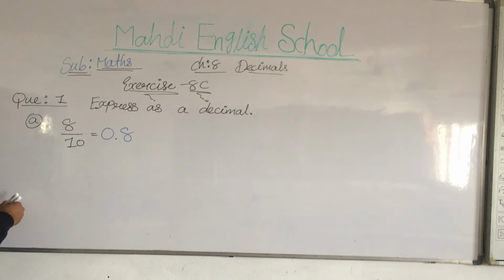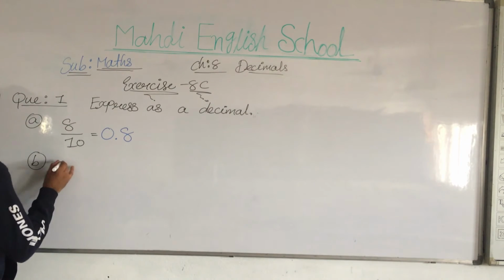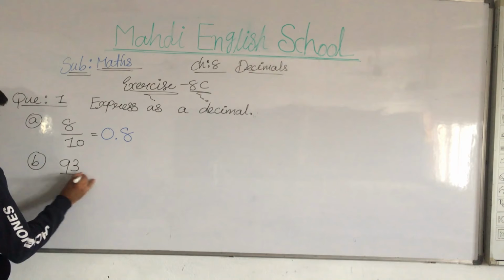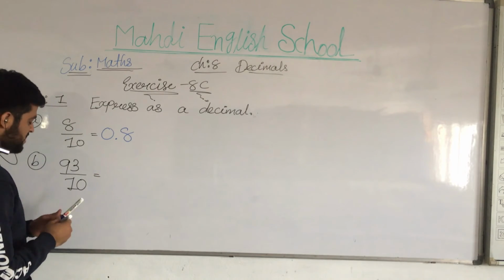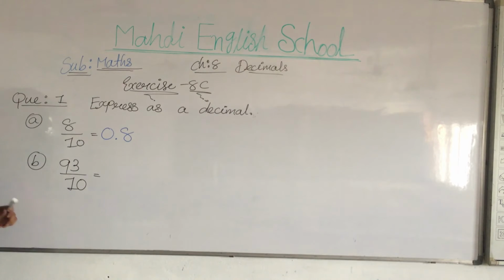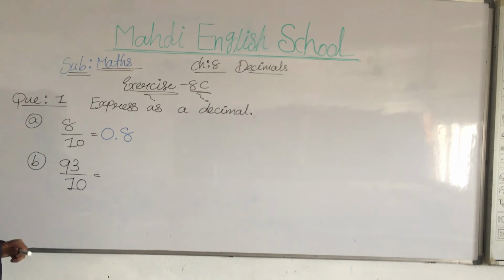Now let's take example number B: 93 upon 10. How many zeros are here, my dear students? One. And how many digits in the numerator? Two.